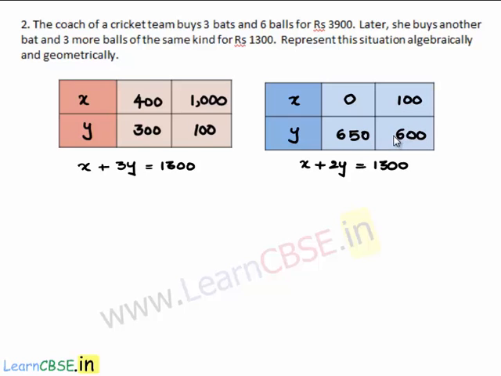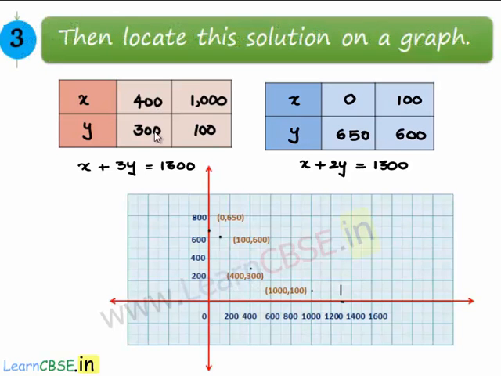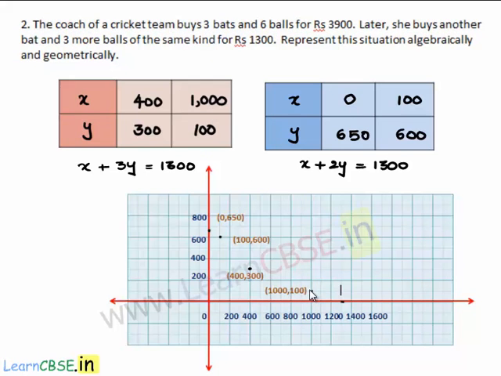So by using both these tabular forms, let us plot a graph. Now 400, 300 is here, 1000, 100 is here. So let us join these points in order to get a straight line. The equation of that straight line is x plus 3y is equal to 1300.